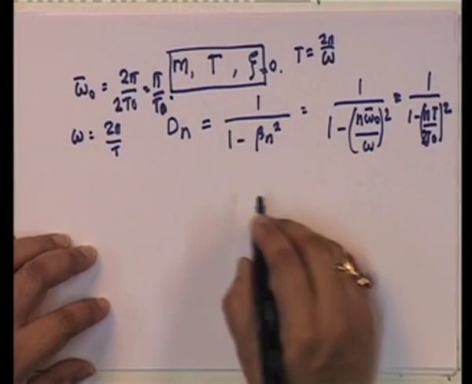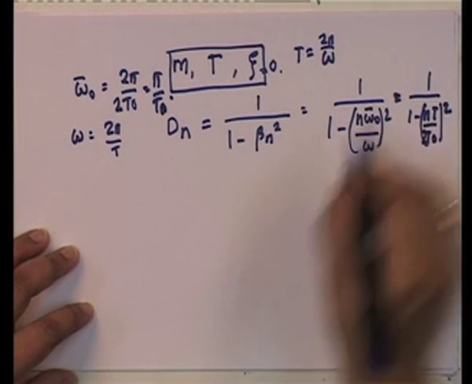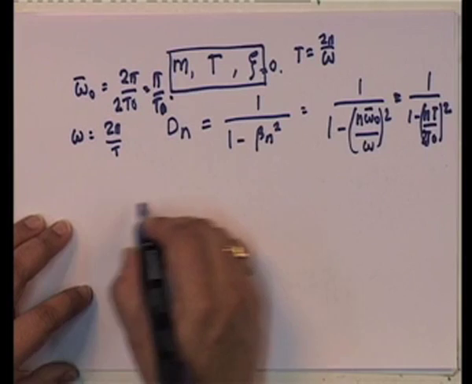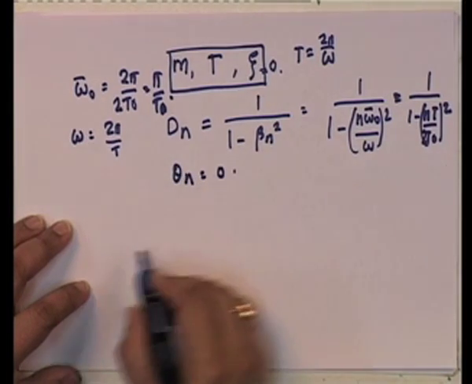Therefore, if you look at it, we get it equal to the following. So, D n is this, and theta n is 0 if xi equal to 0.